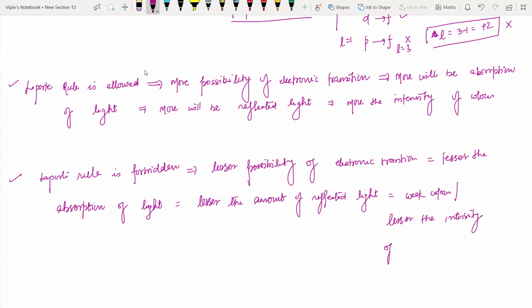In some cases, that can be colorless, but it is also based on the spin selection rule, right? Lesser the intensity of color.